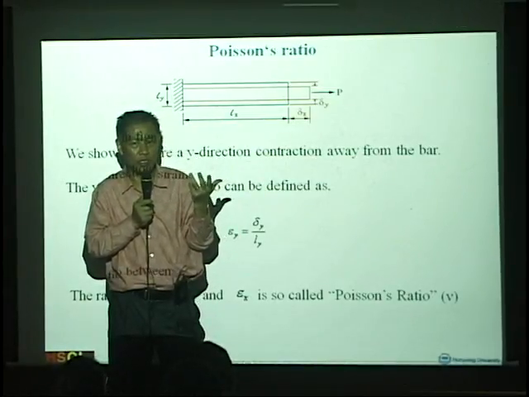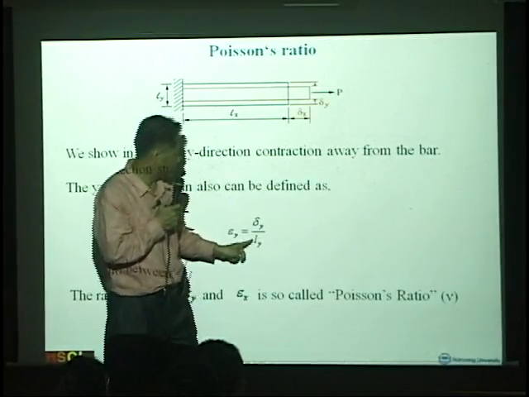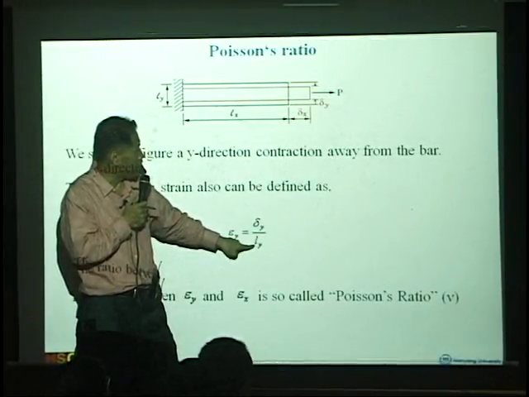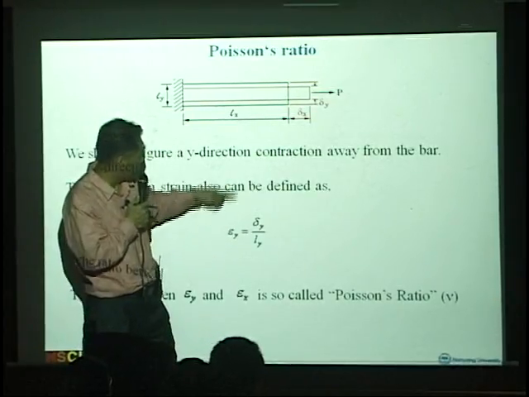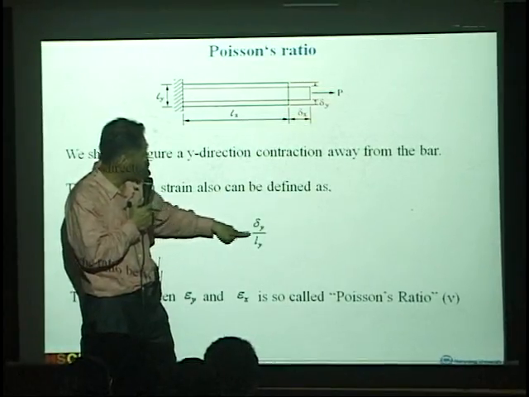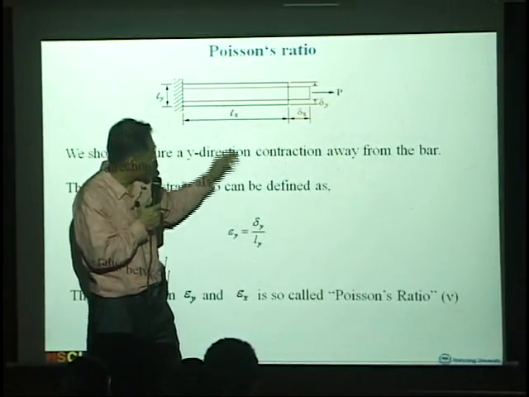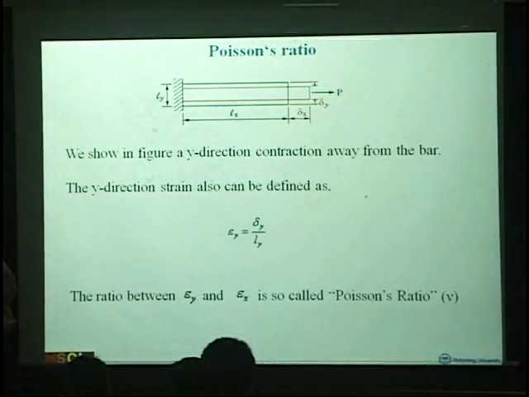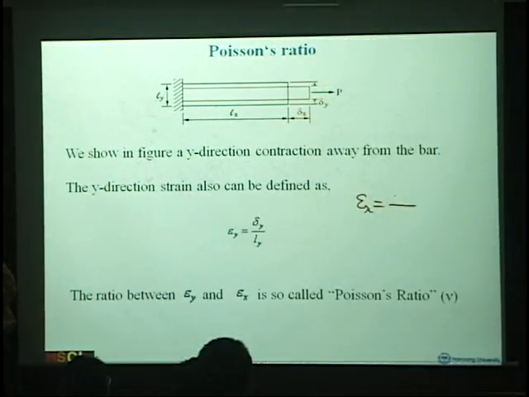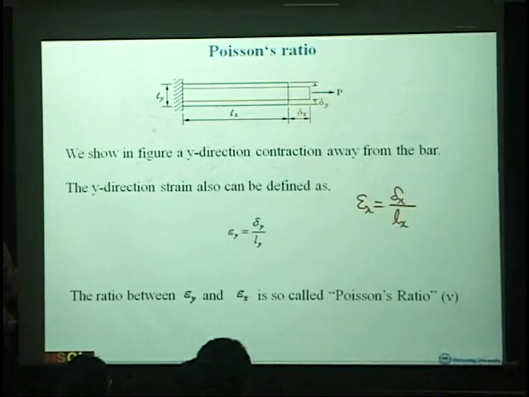So we have to normalize by this length. Then epsilon y is delta y over Ly, similar to the x directional strain, epsilon x equals delta x divided by Lx. That's the axial strain. Similar to the axial strain, we are defining the y directional strain.